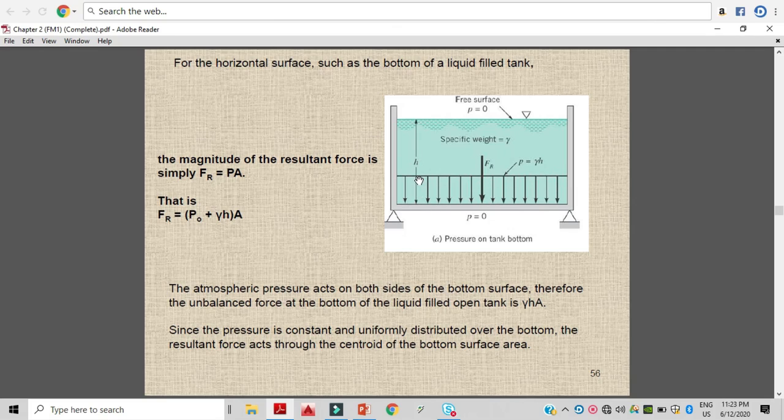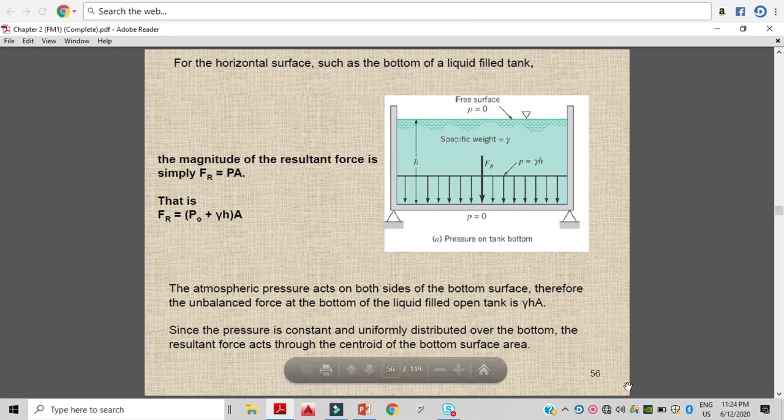So in that case it is very easy to calculate the net force acting on the surface and also to find the location of the net resultant force. In that case we know the equation.